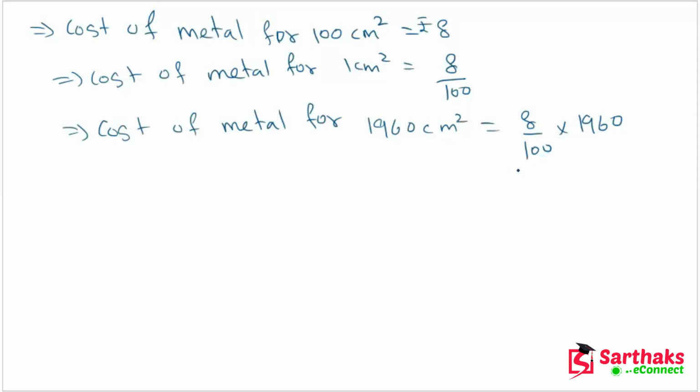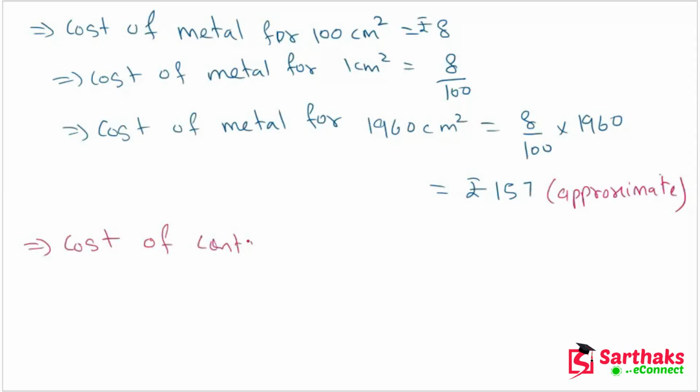If we solve this, we get rupees 157. Again, this is our approximate answer. I hope you understand these things. So our answer is 157: the cost of container is rupees 157.